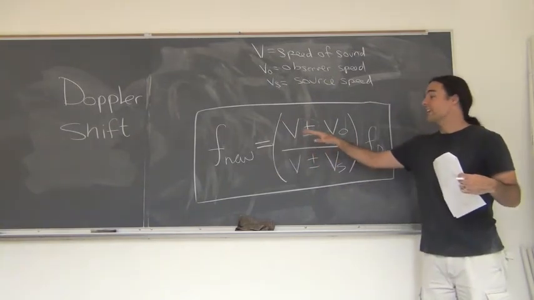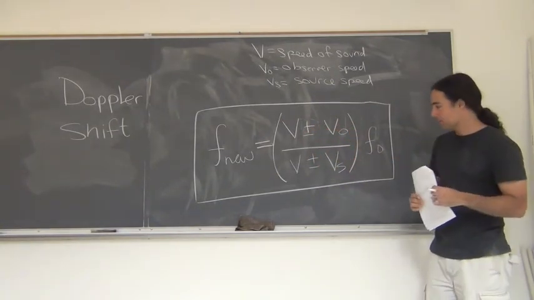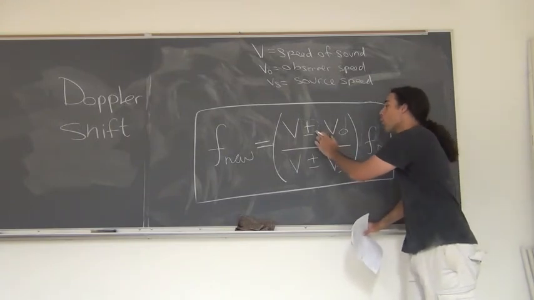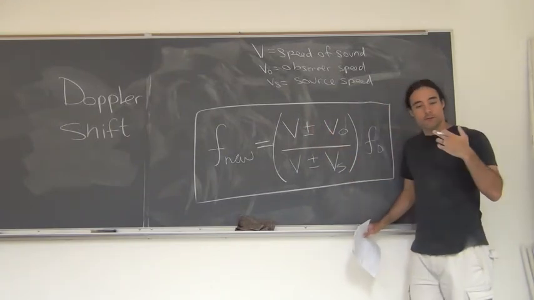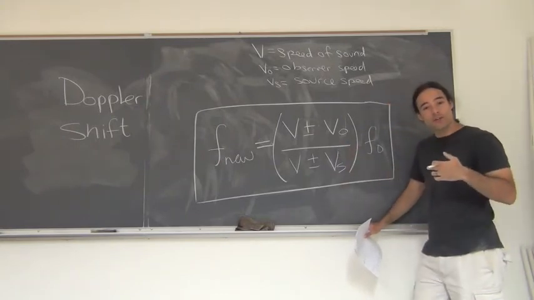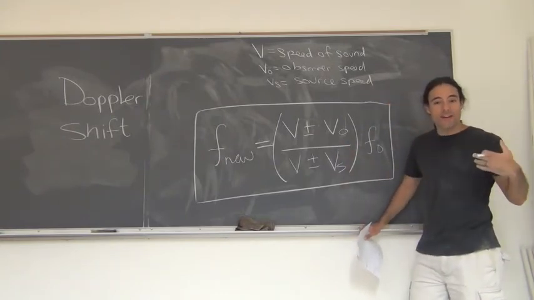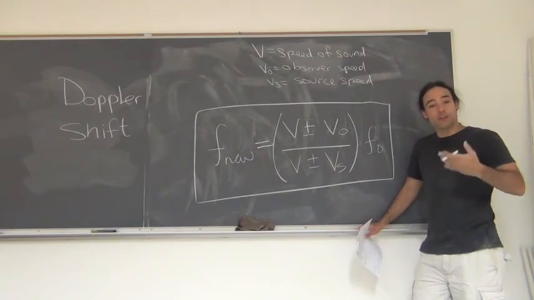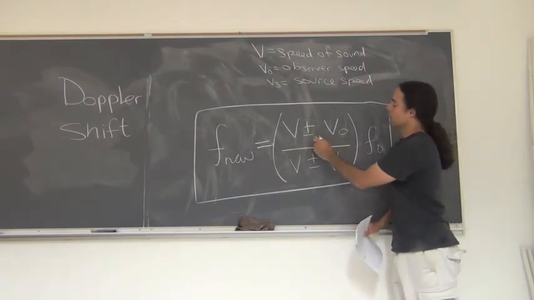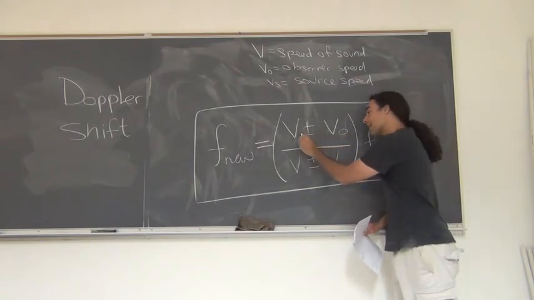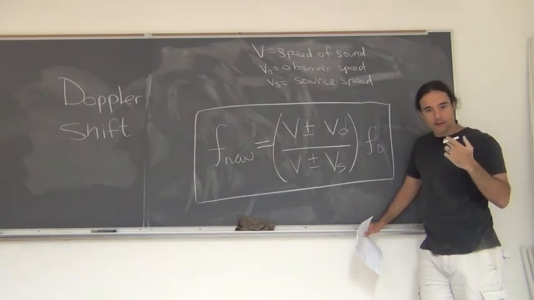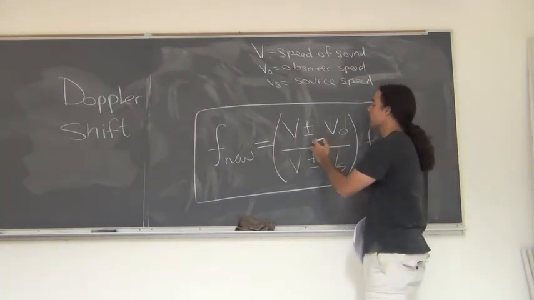We want a plus sign there to give us a bigger number for the frequency. If he is moving away from the source of the sound, I expect that I'm going to hear the sound less frequently. Because I'm running away from the sound, it's going to reach me not as often as it would if I were moving towards it or standing still. So if you're moving away, you want to have the negative sign in here, so that you are not hearing the sound as frequently.